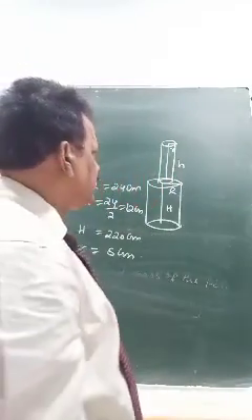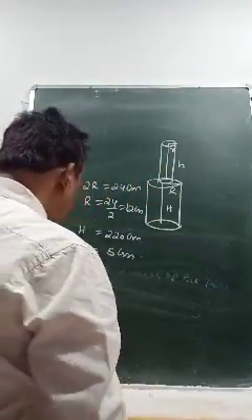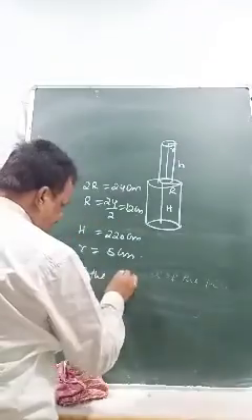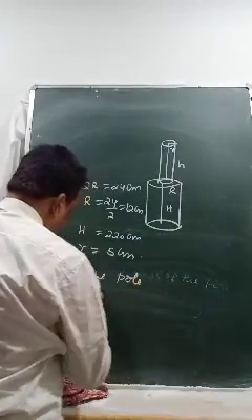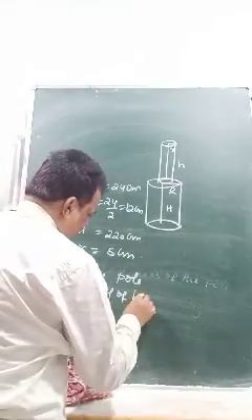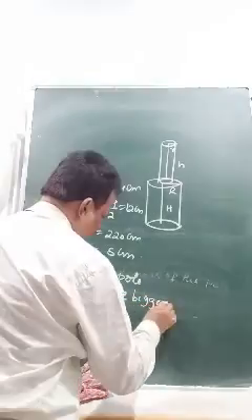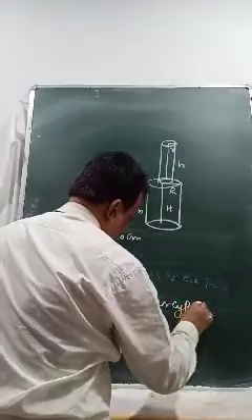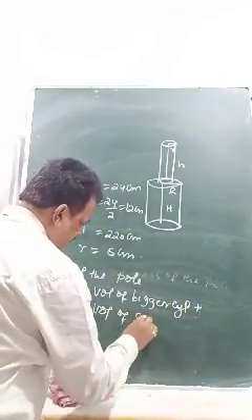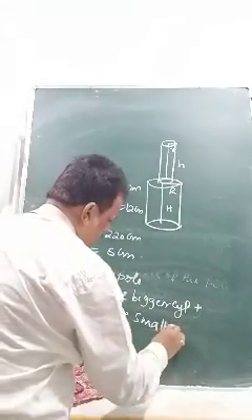What will be volume of this pole? Volume of the pole equals to volume of bigger cylinder plus volume of smaller cylinder.